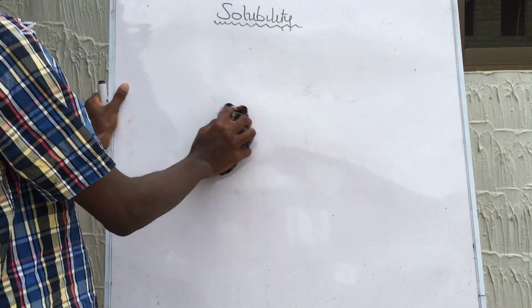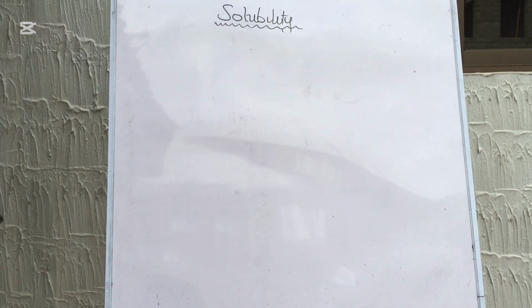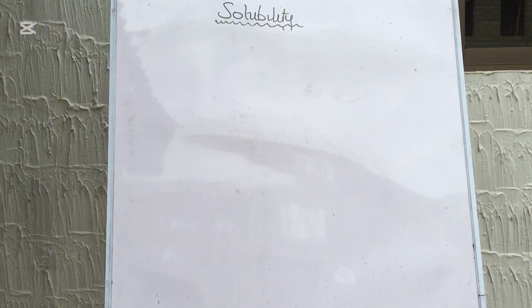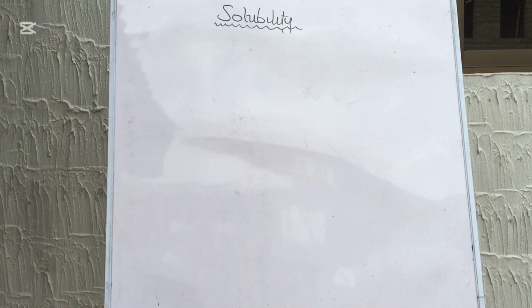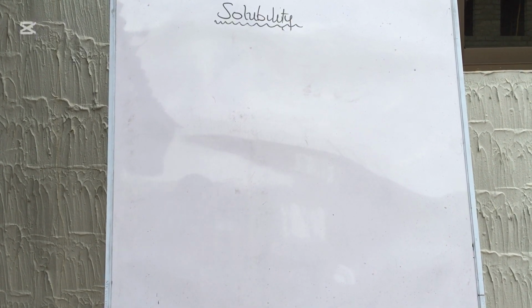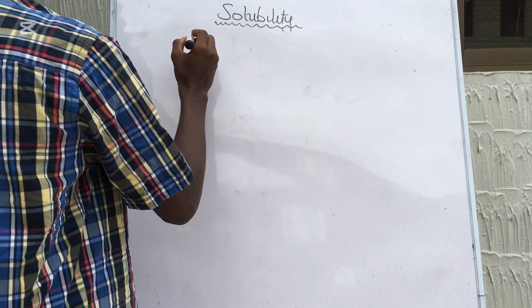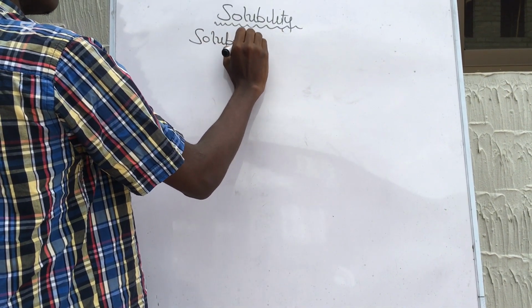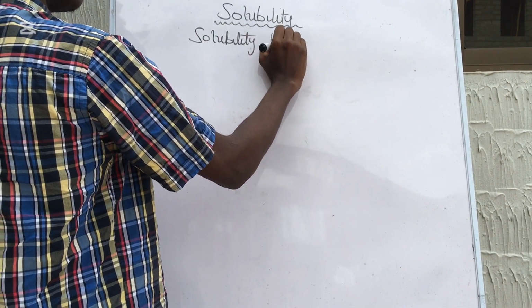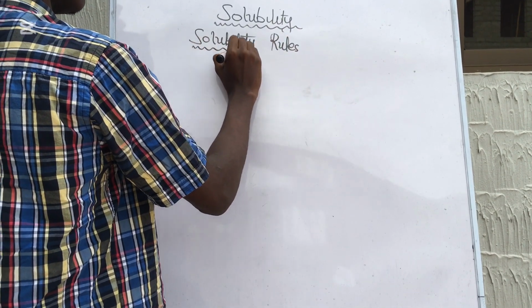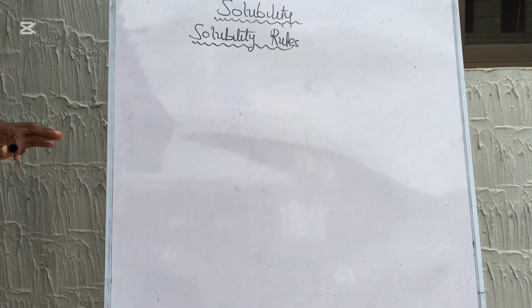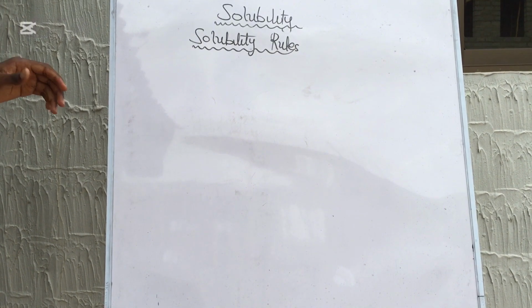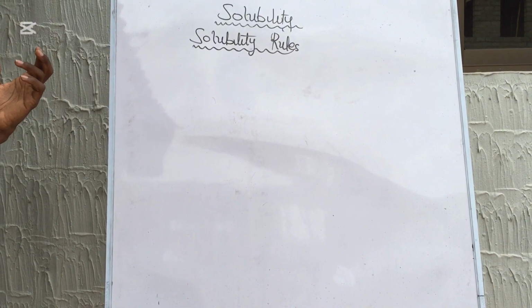If you know the solubility rules, then you'll be able to predict whether a precipitate is going to be formed or not. In our next chapter, we are going to talk about solubility rules, where it will help us identify whether a particular compound is soluble or insoluble.